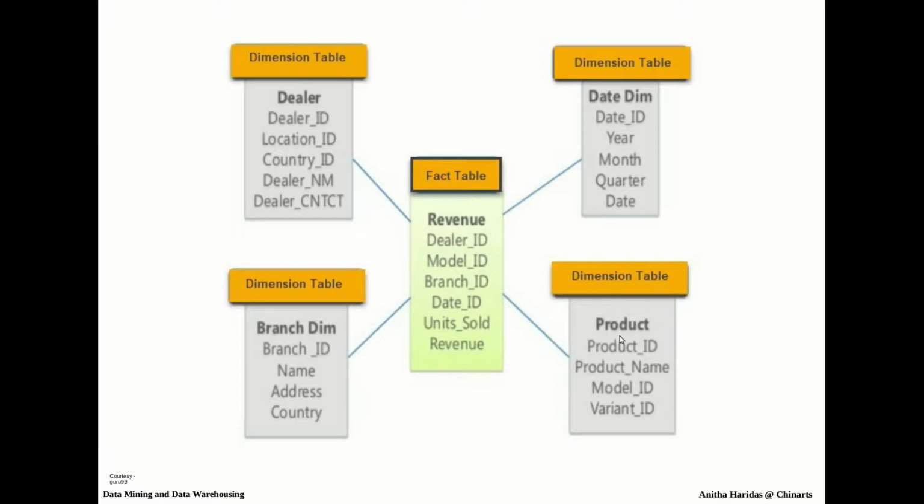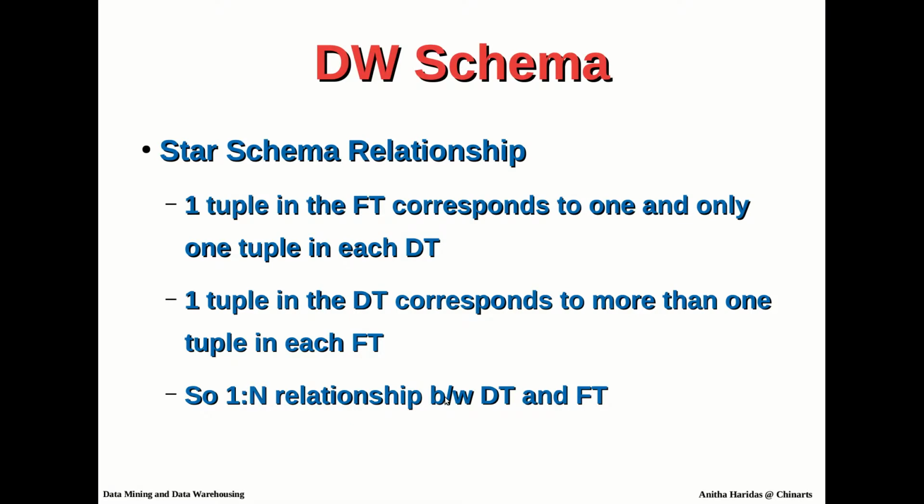Then for the product dimension table, model ID is the primary key which is used here as the foreign key, and date ID is the primary key which is used here as the foreign key.